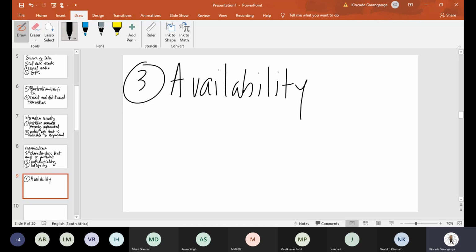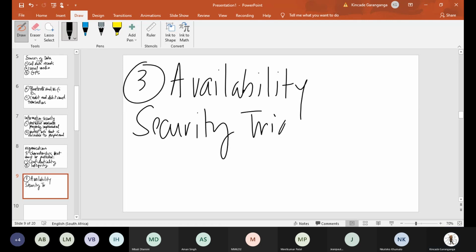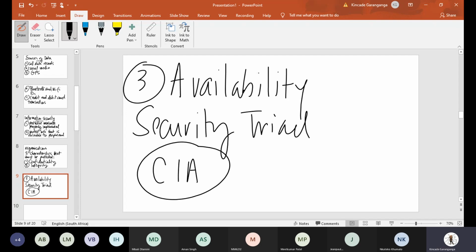This is what they call the security triad, another term for which is the CIA: confidentiality, integrity, and availability.